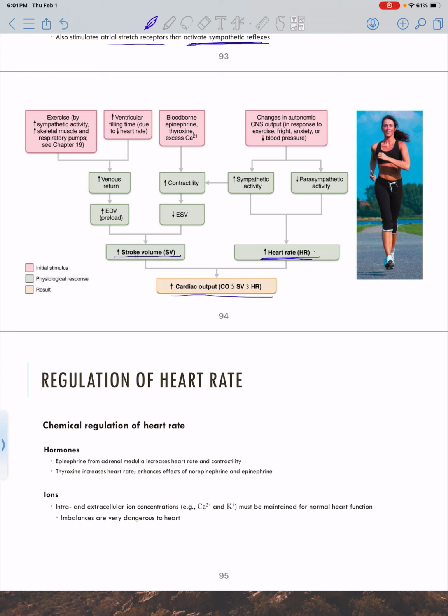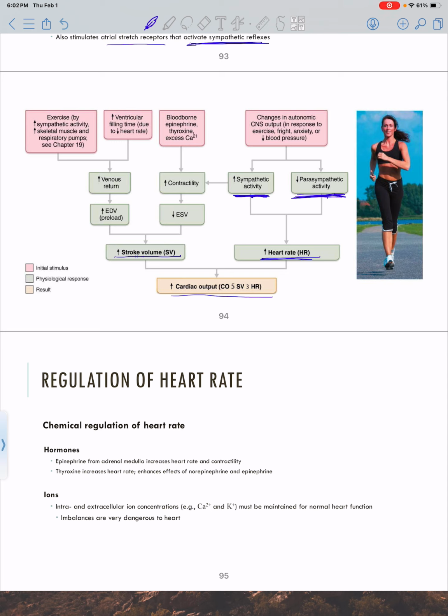If we increase our heart rate, how can we do that? Increase our sympathetic activity, so the amount of norepinephrine landing on our beta-1 adrenergic receptors. And we also want to decrease our parasympathetic activity, because remember, that's our inhibitory tone on our muscle.